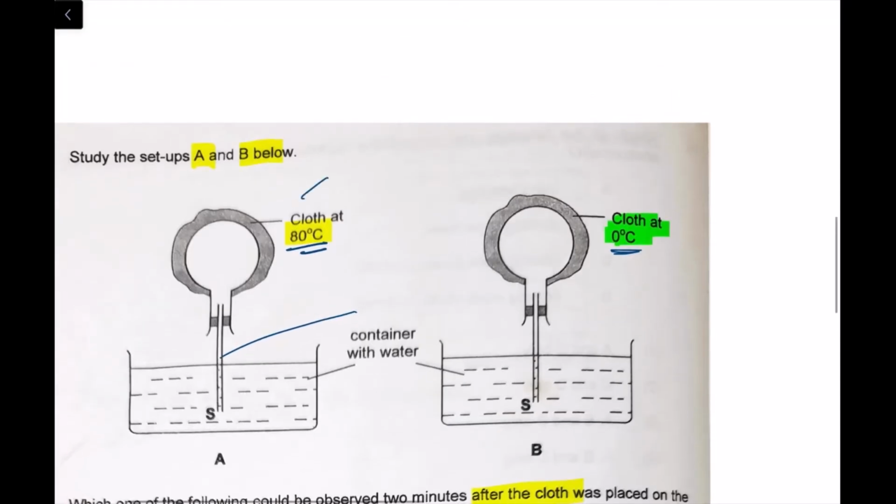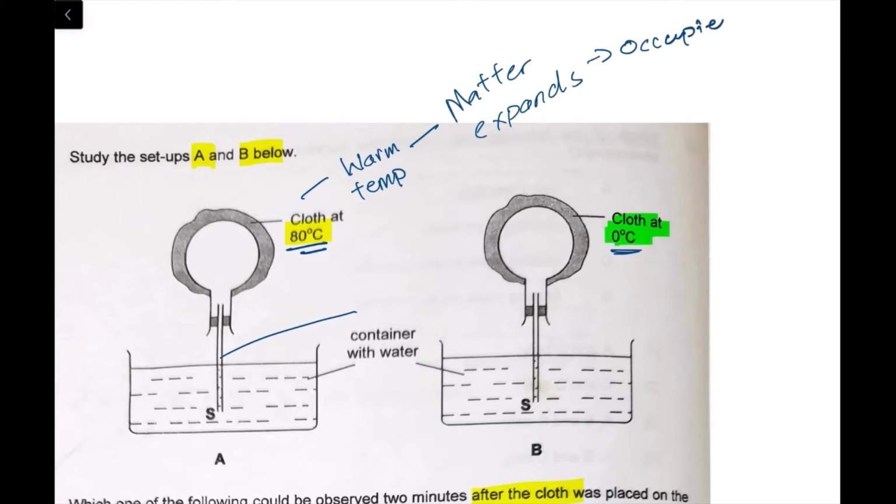So we know that when there's a warm temperature, matter expands. This matter can be anything, any object, be it solid, liquid or gas. And when matter expands, it occupies more space.